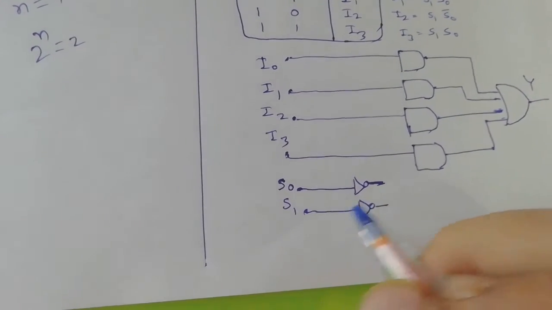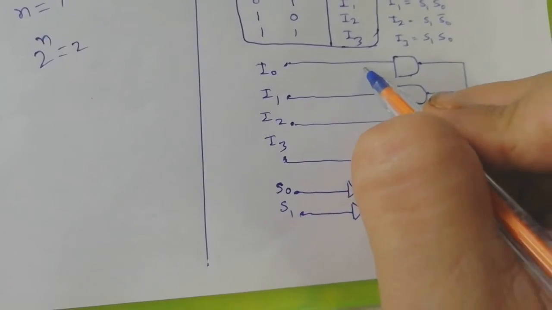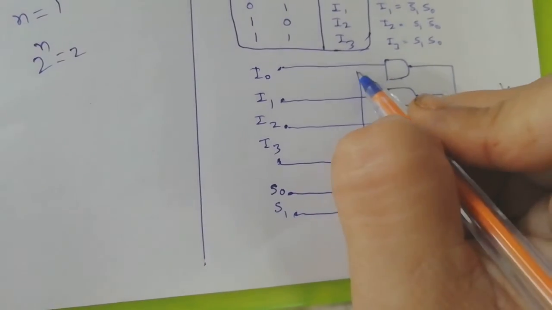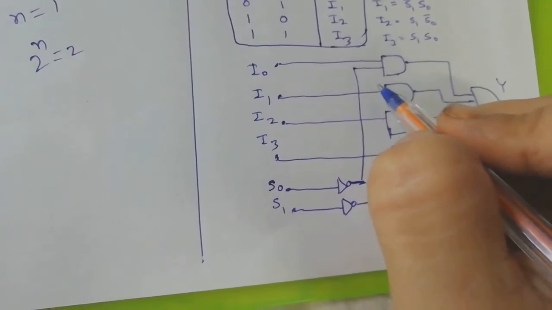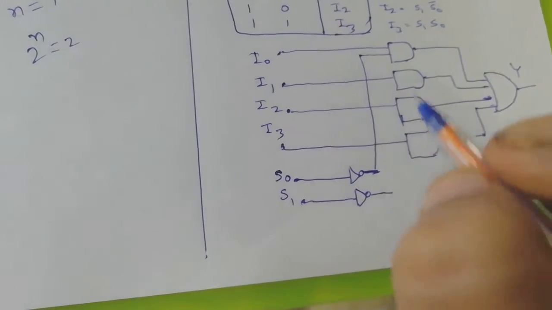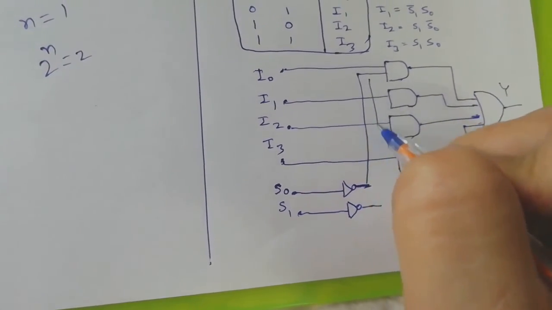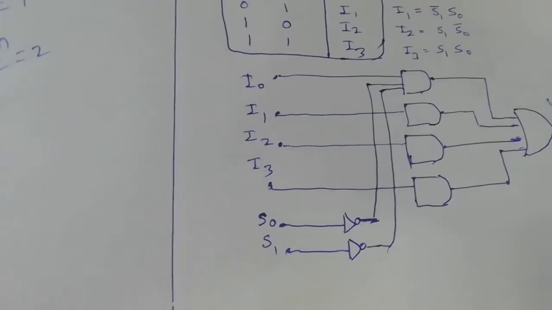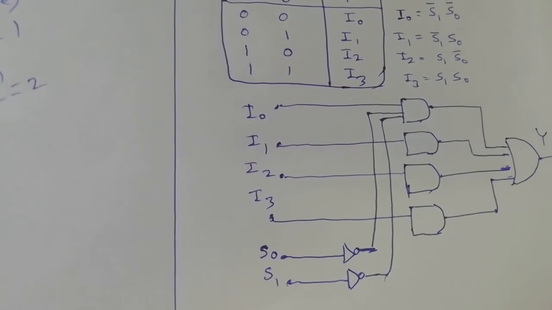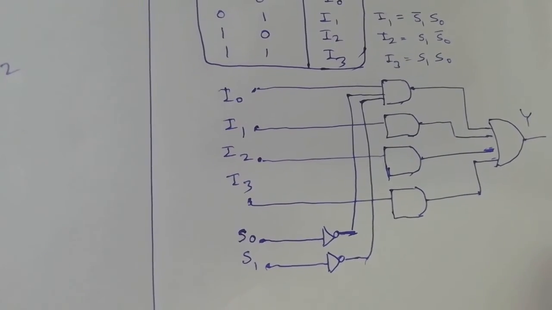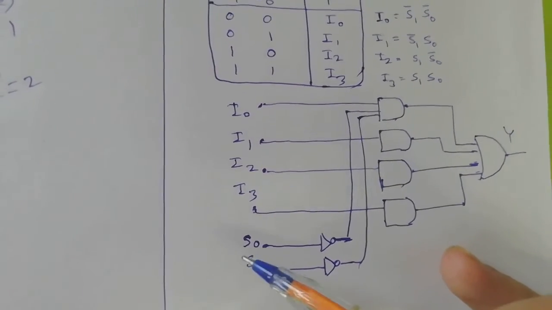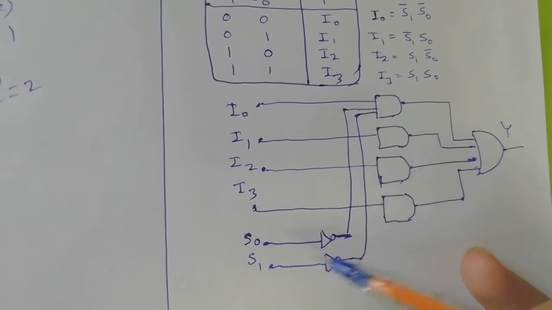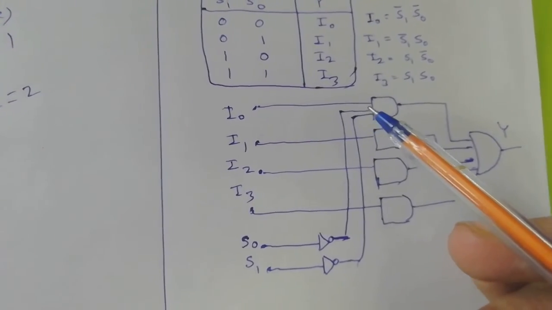So we have to take both these, S1 bar and S0 bar. Now it is S1 bar, S0 bar and I0.